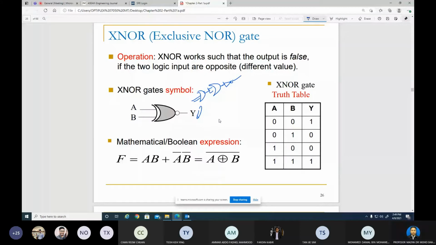This is the combination, and this is the symbol for the exclusive NOR gate. You can see the mathematical expression: A multiplied by B plus A bar B bar.